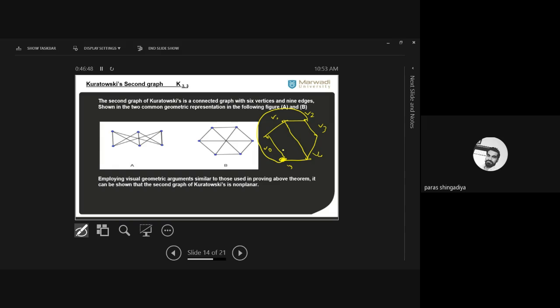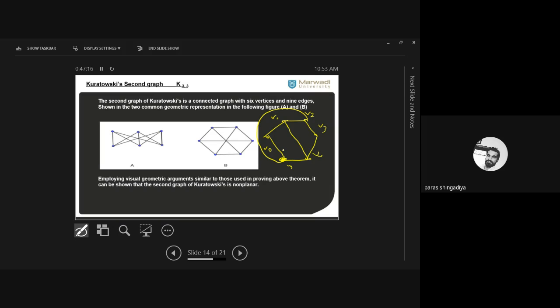And if we connect it outside, it will cross the outside edge also; it will cross here. So it is not possible to make this graph planar. Means embedding is not possible in the K33 graph. Clear? So therefore K33 is also non-planar.